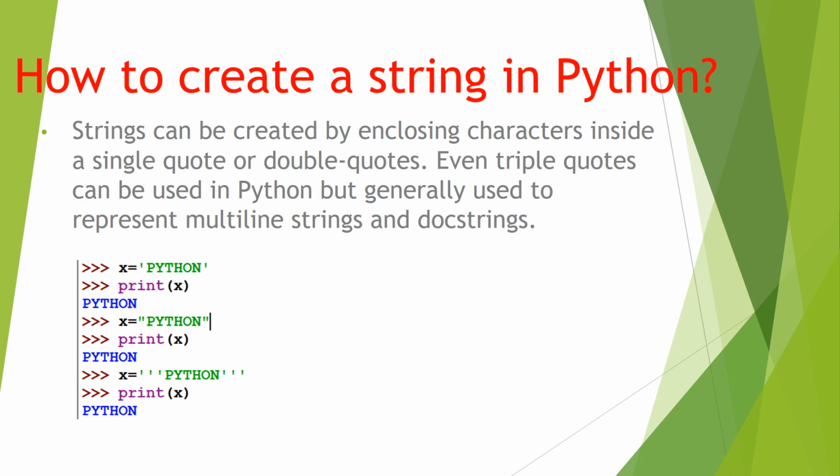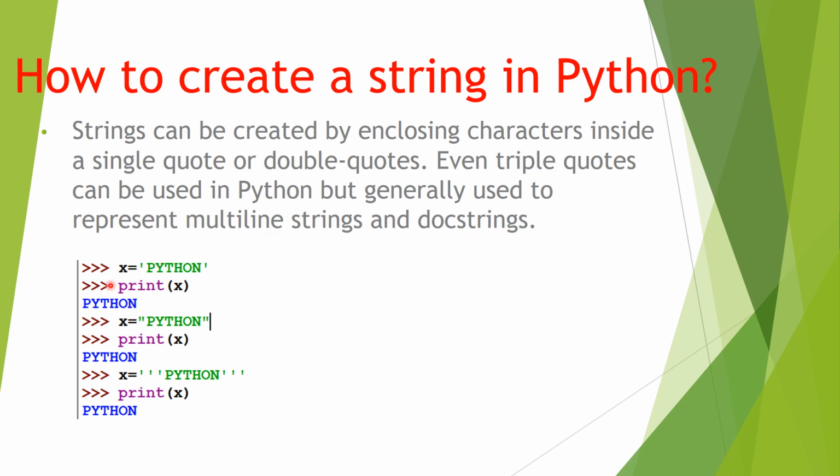How to create a string in Python? Strings can be created by enclosing characters inside single quotes or double quotes. Even triple quotes can be used in Python, but generally triple quotes are used to represent multi-line strings and doc strings.